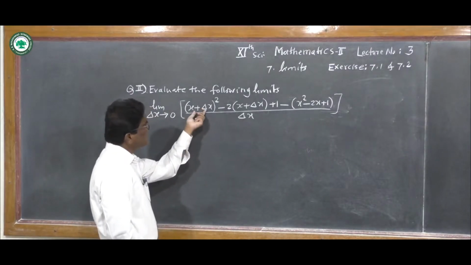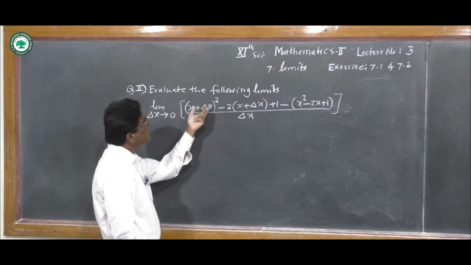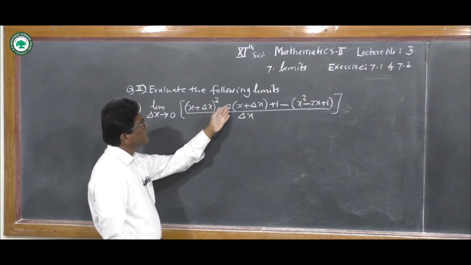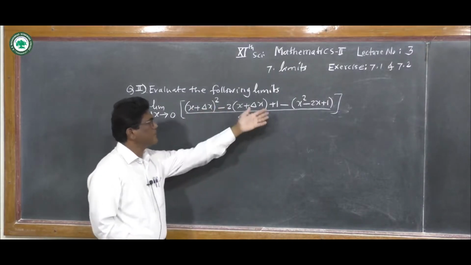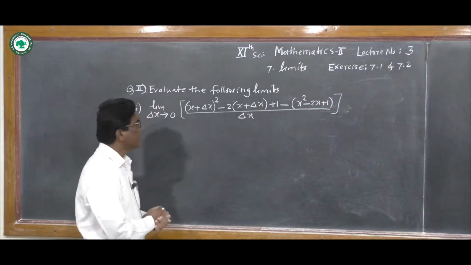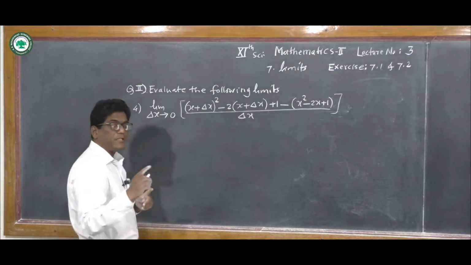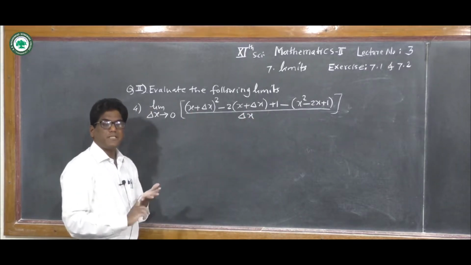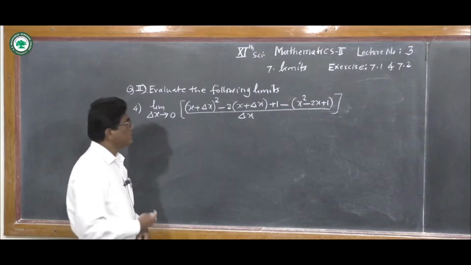Now here we expand this (x plus delta x) bracket square, multiply by 2 inside the bracket, multiply by the minus sign, and so on. Expand using the formula (a plus b) square, that is a square plus twice ab plus b square.